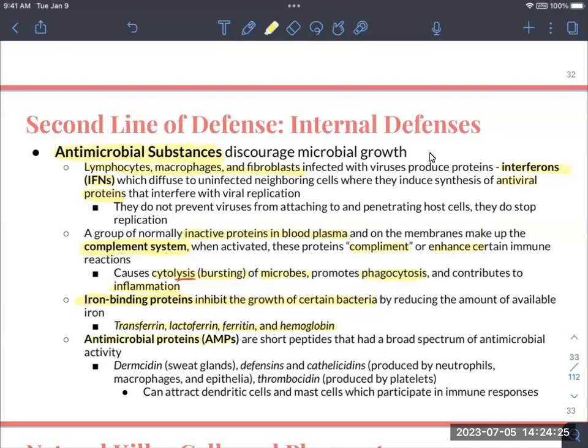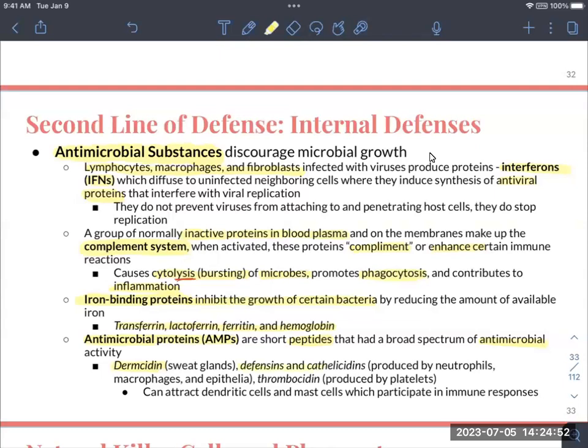Antimicrobial proteins, or AMPs. These are peptides, which are few amino acids, and they have antimicrobial qualities as well, like dermcidin, which is found in our sweat glands. That helps to prevent bacterial overgrowth on our skin.